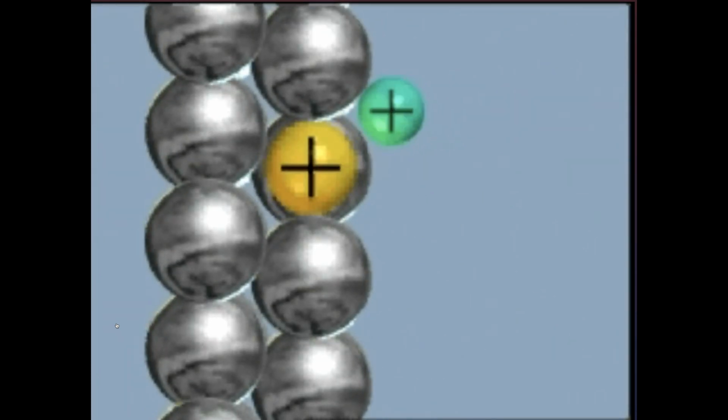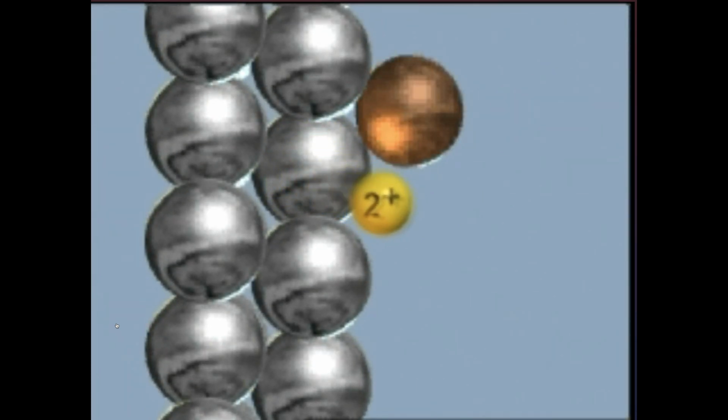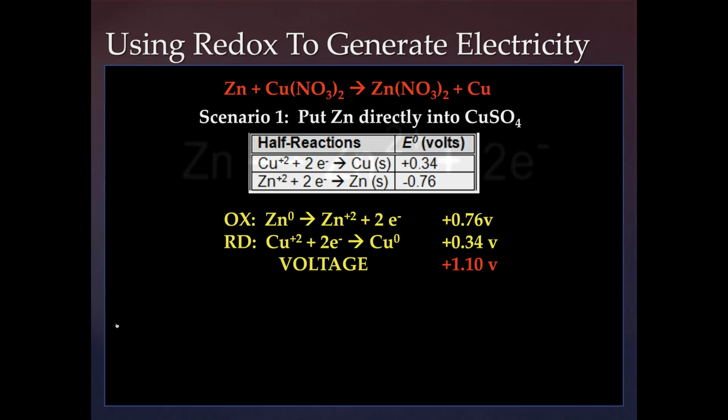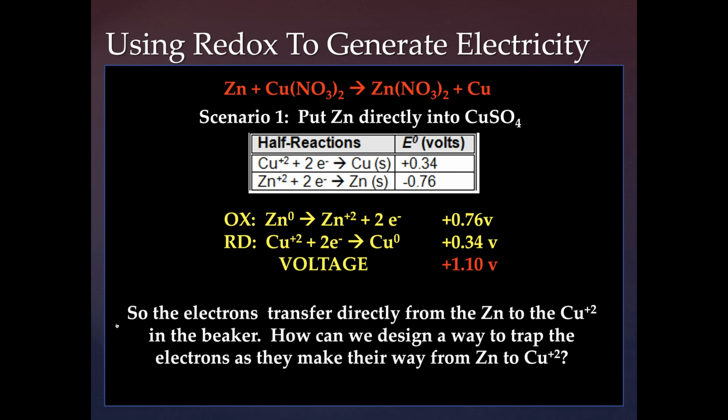You can see the electron being transferred directly from zinc to copper. That's not going to help us if we want to make electricity. We need a way of separating the zinc from the copper so that we can actually capture the electrons as they go from the zinc to the copper.